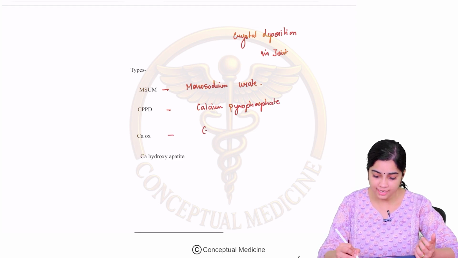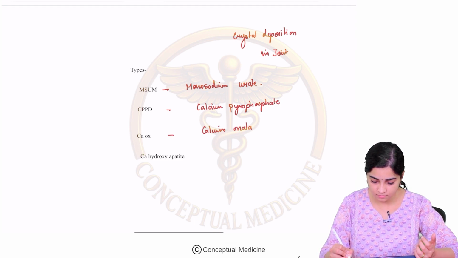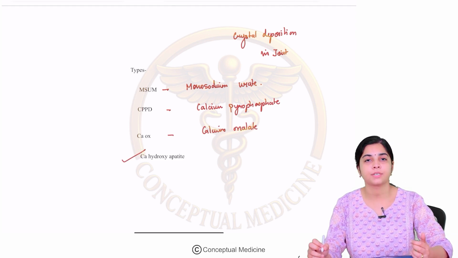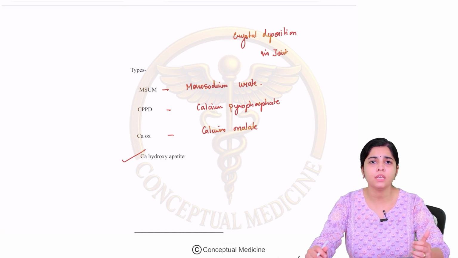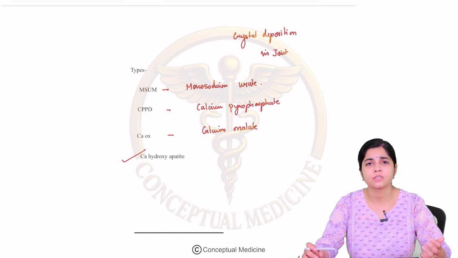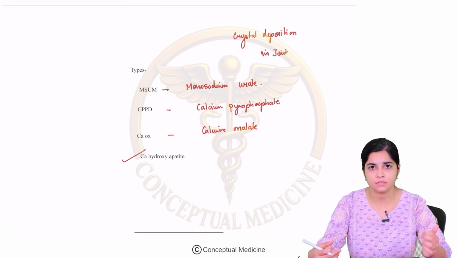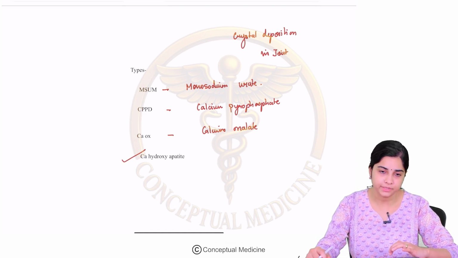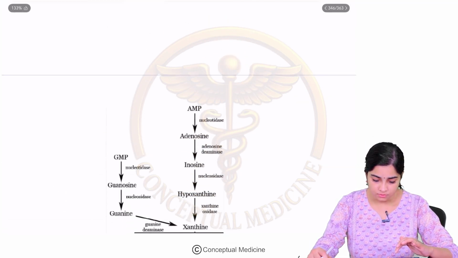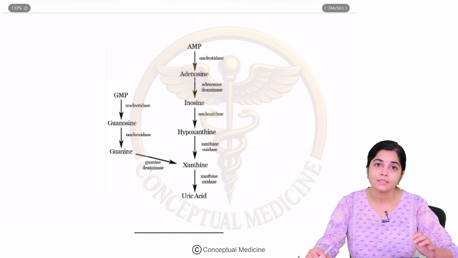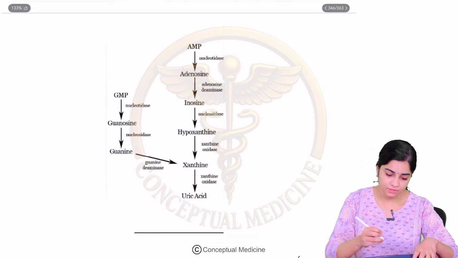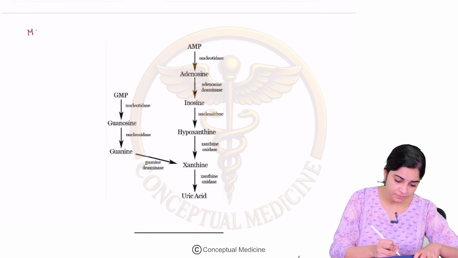Then you can have calcium oxalate deposition disease and calcium hydroxyapatite deposition disease. These group of disorders which are associated with crystal deposition in the joints is what we call crystal arthropathies.